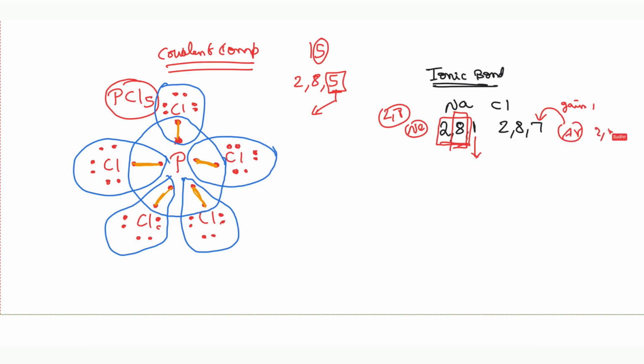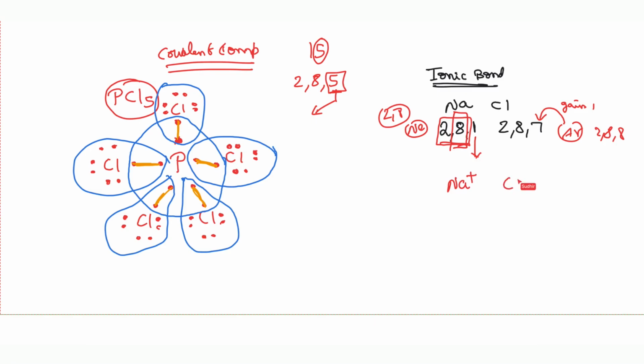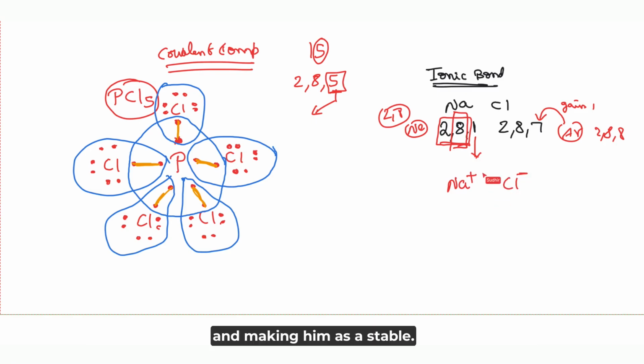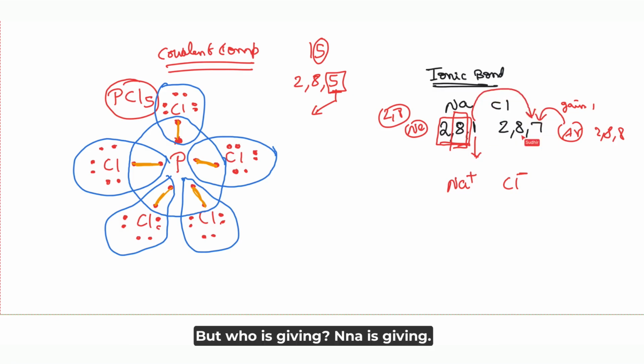So what is the difference? Here Na gives one electron to chlorine and makes it stable. Na is the donor and chlorine is the receiver.